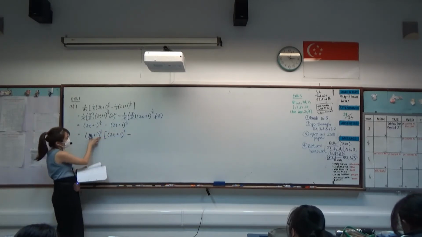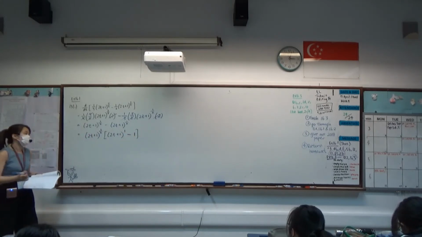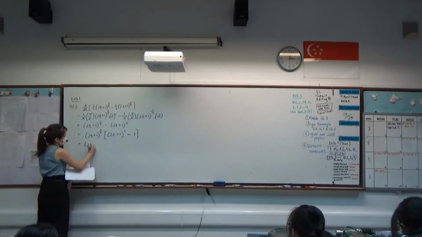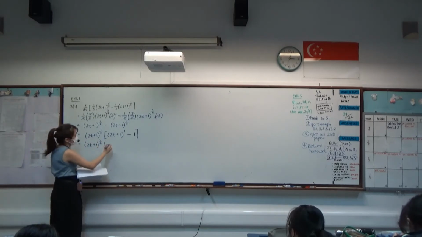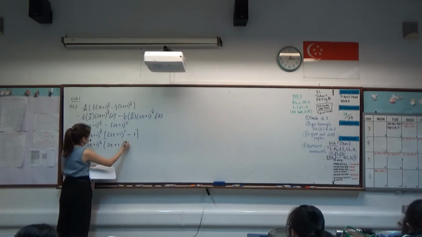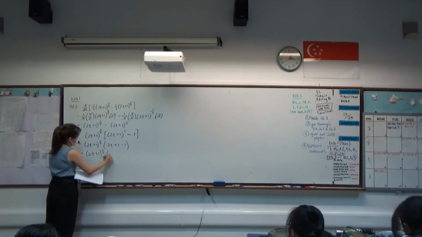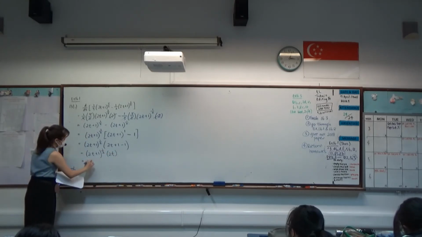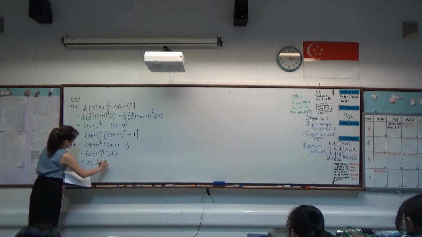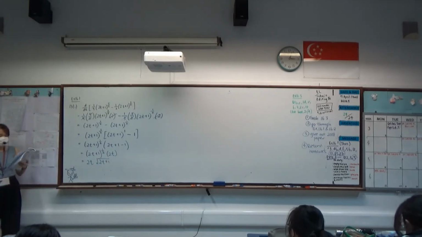Minus away, this one already taken out, so minus away 1. Okay. So simplifying, 2t plus 1 minus 1, it is just a 2t. And in other words, 2t square root 2t plus 1.